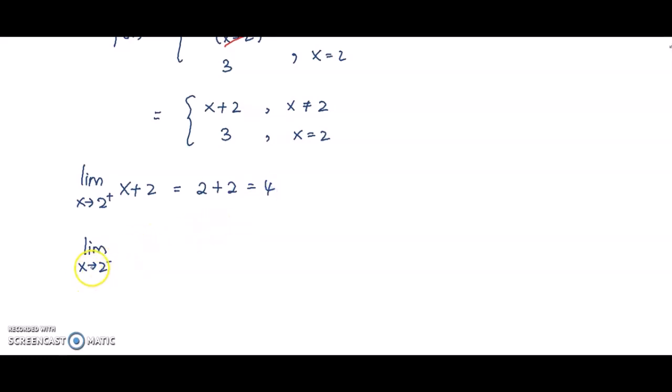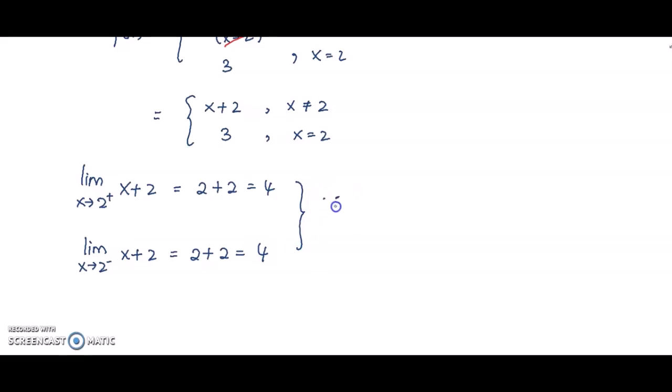The same method you would apply when x approaches 2 negative, meaning that the 2 negative, for example 1.999, is for the first interval. So we're going to take this function x plus 2 and substitute the 2 inside the x. You have 2 plus 2. Again, you have 4.